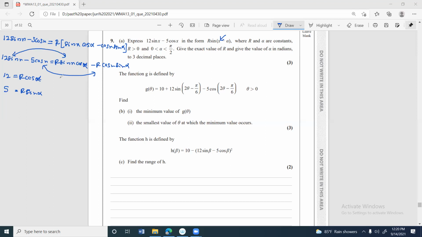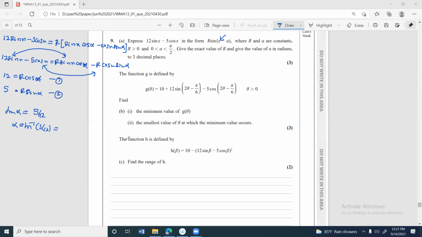Then if I take these 1 and 2, I can say tan alpha is equals to 5 over 12. Therefore, alpha equals to tan inverse 5 over 12. Make sure that they request the answer in terms of radians. Yeah, because they have given the boundary in terms of 0 and pi by 2, means they expect the answer in form of radians. 5 over 12.